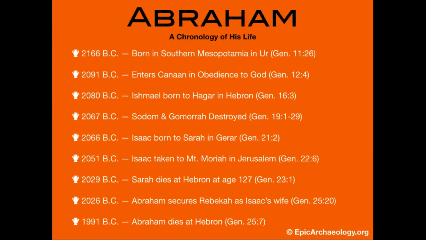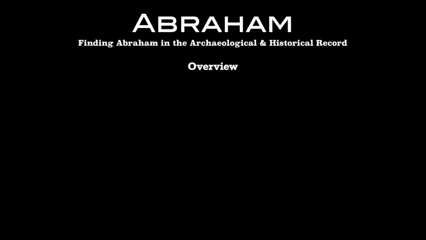Based on this chronology, we were able to reconstruct internally in the text when we believe Abraham would have lived in Mesopotamia. When we look at those times, the historical time periods dovetail very well with the text on Abraham.